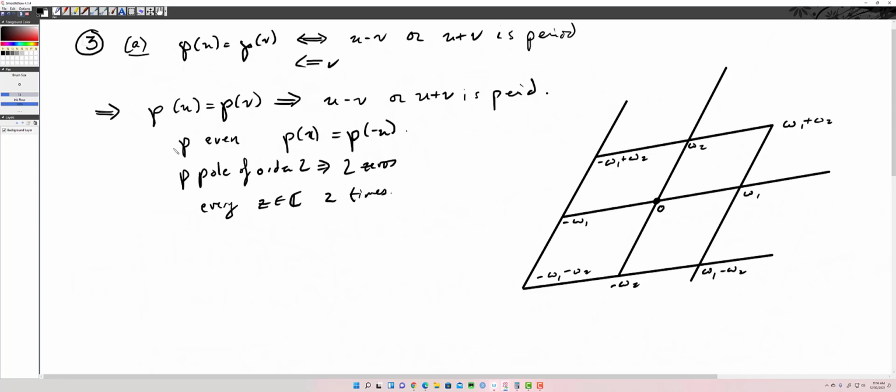Okay? So we're going to use these bits of information to kind of deduce what would happen.